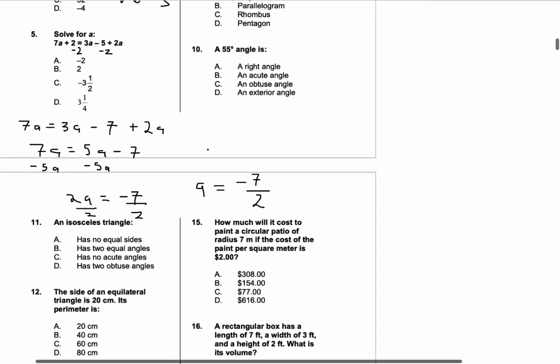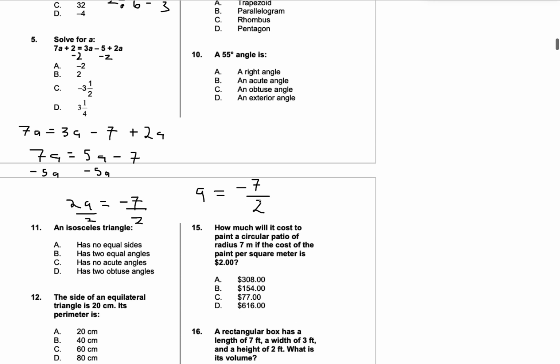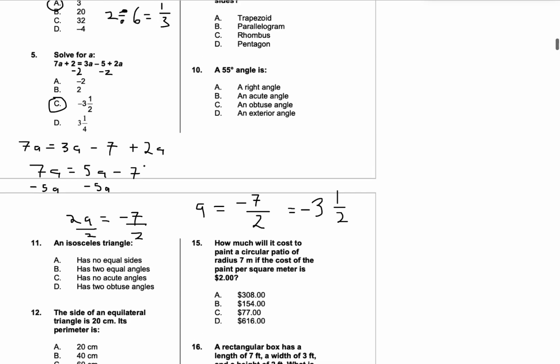So the way we can do that is, how many times does 2 go into 7? I think it'll be 3, because 2 times 3 should give us 6. And this all should be negative, right? So it'll be 3, and then the remainder will be 1, so we get negative 3 1/2 as our answer. So C looks like our answer here.